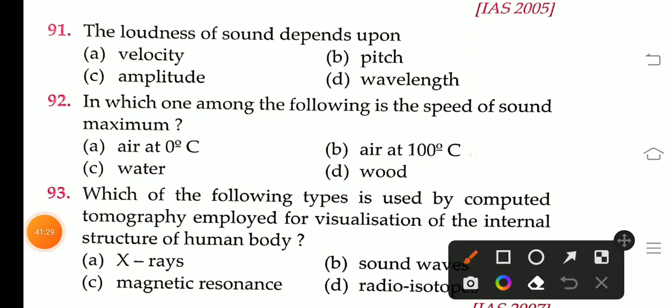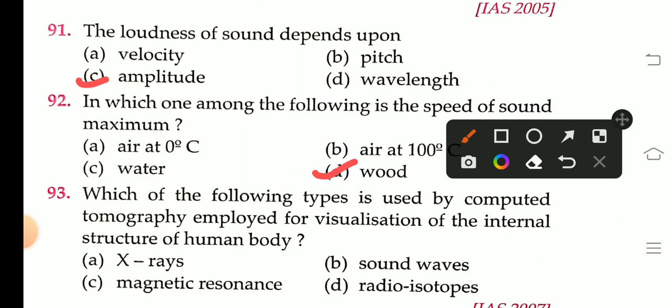Next, the loudness of sound depends upon, right answer option C, amplitude. Next, in which one among the following is the speed of sound maximum? Right answer option D, wood.